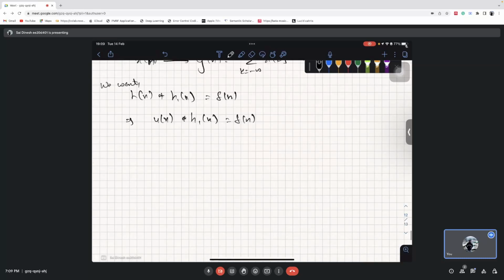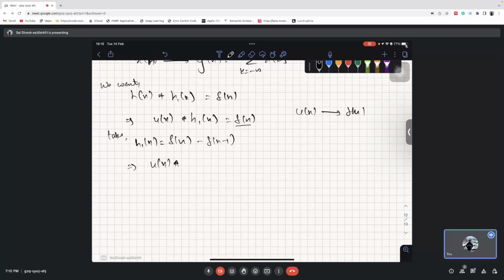Basically we need to bring u of n to delta of n by convolving it with some other function h1 of n. So u of n convolved with h1 of n should give delta of n.